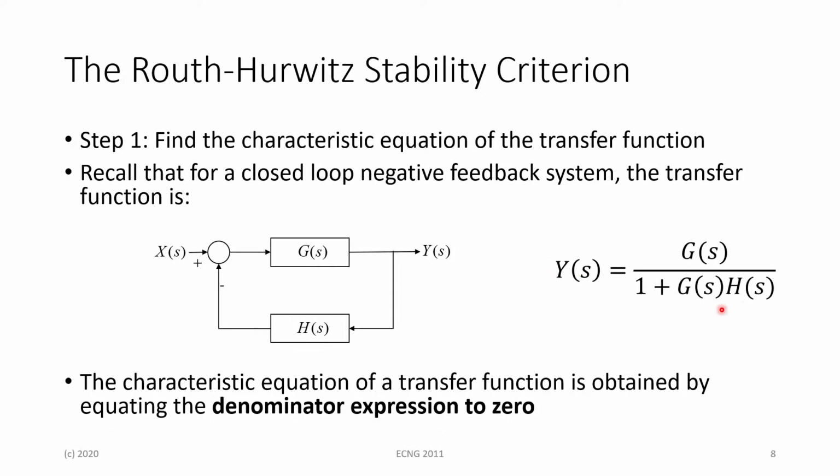And then once we obtain this general equation for our system, we take the denominator of that transfer function and equate it to 0, and refer to this as our characteristic equation of that transfer function. So we need to obtain the characteristic equation, being that once we obtain our system transfer function mapping the output y of s to our input x of s, we then take the denominator of that transfer function and equate it to 0, and that is going to be our characteristic equation.